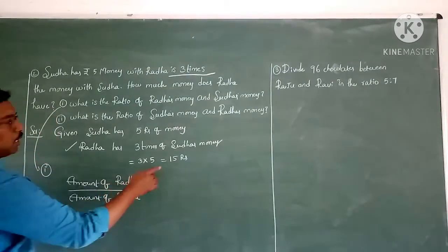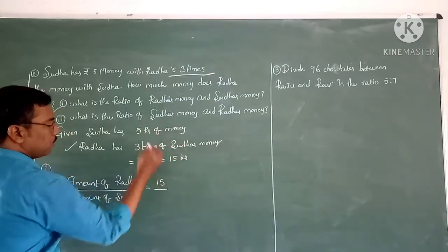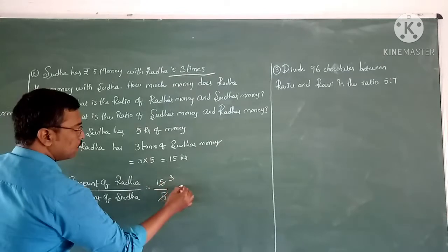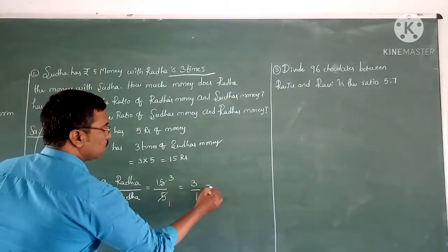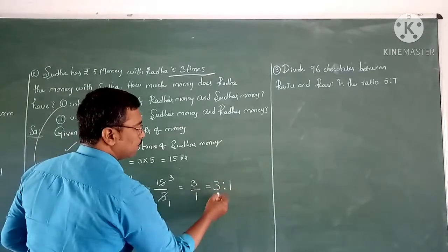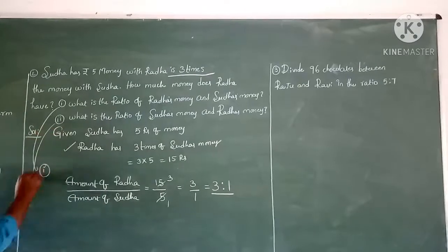Radha has 15, Sudha has 5 rupees. So 5 ones are 5, 5 threes are 15, so 3 by 1. This 3 by 1 fractional form can be written as 3 is to 1.